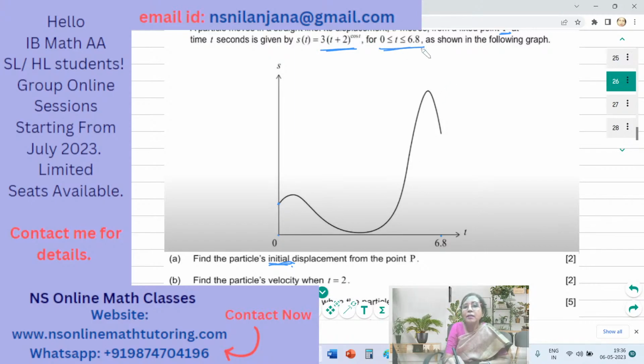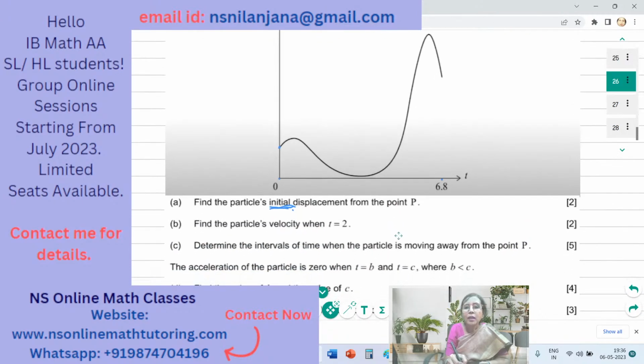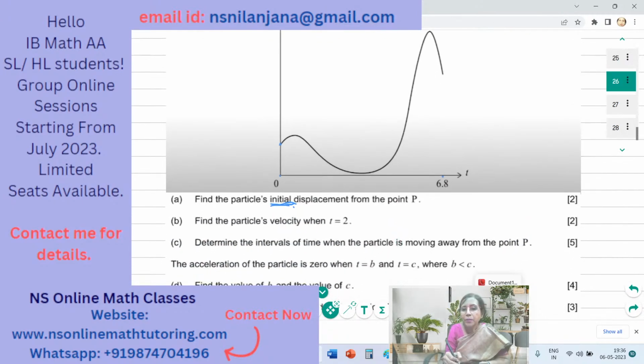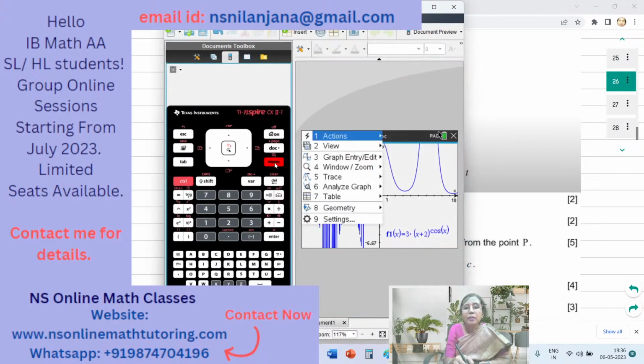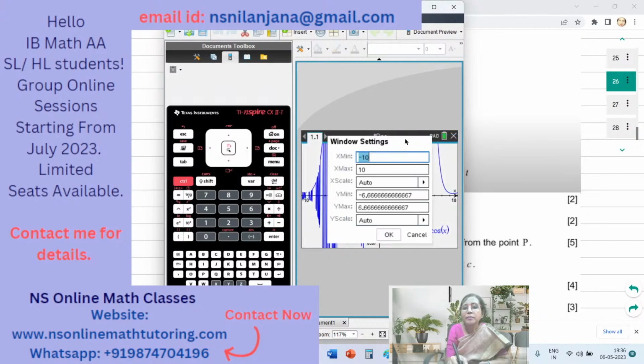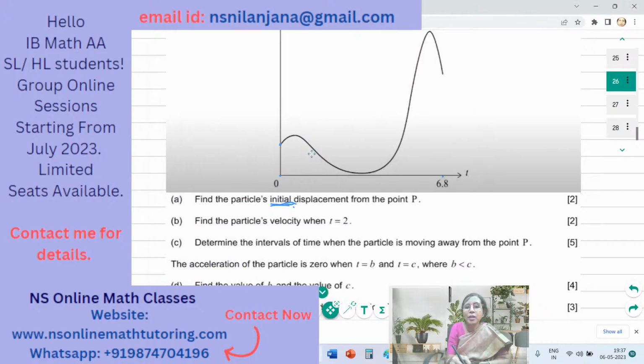And the time will be between 0 to 6.8. Okay. So let me go to the window settings. It is 0 to 6.8. So let me take -1 to say 7. Okay. And this can also be taken as -1 because you see the whole graph is above the x-axis or the time axis.